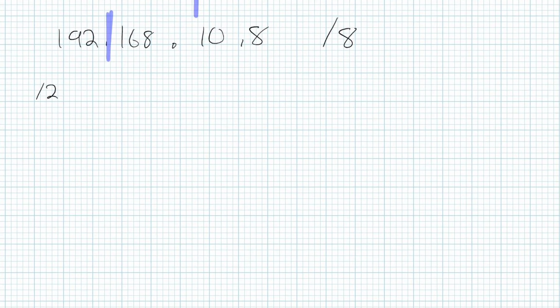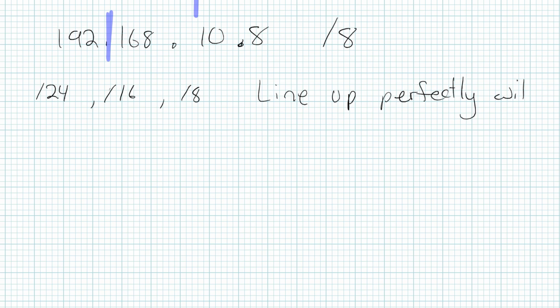Now these three address spaces, specifically the /24, the /16, and the /8, line up perfectly on the dots. So they line up perfectly with octets. And we call these classful addresses.